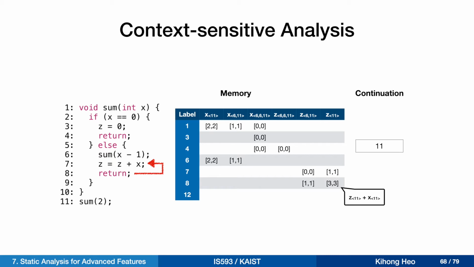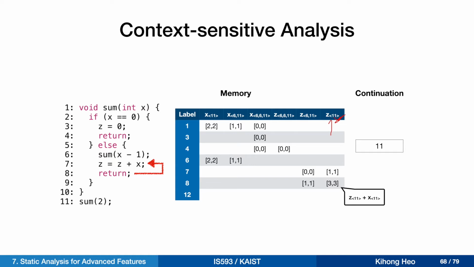And then again, the abstract value of global variable in the callee is propagated to the caller. So from now on, we also maintain a separate instance of global variable for this particular context. Okay, and then the value of z at line number 8, for this particular instance, is computed precisely.